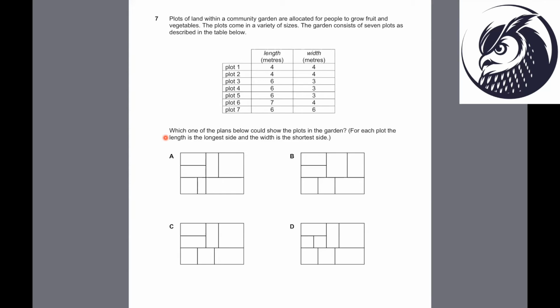And then you can see we have different diagrams of how the plots are arranged in the answer options. When you start off by looking at this question, you might feel like, wow, there's a lot of information given in numbers here, and a lot going on in these diagrams. What you want to do is look for trends within the information.